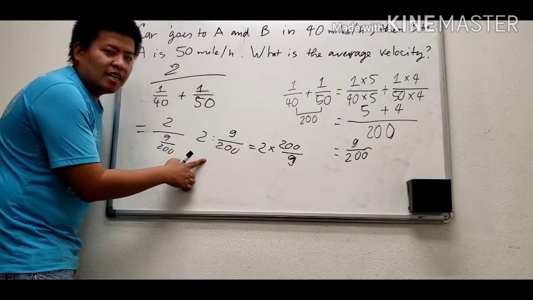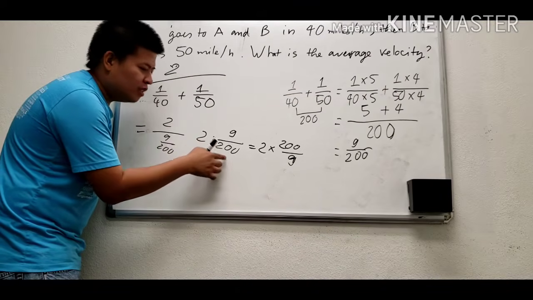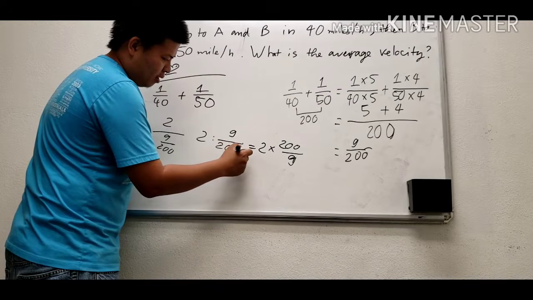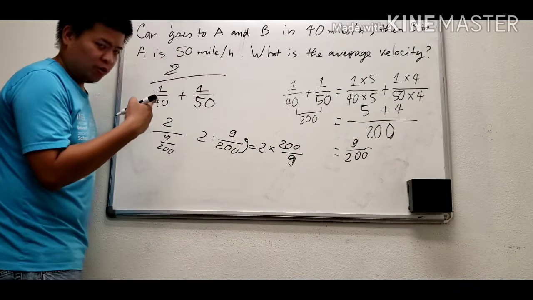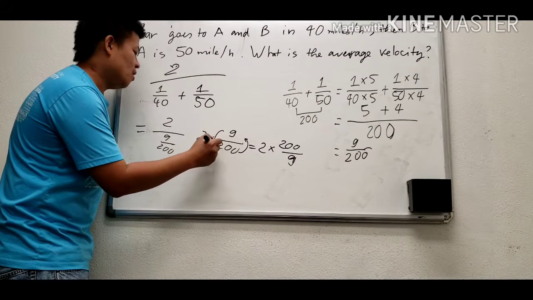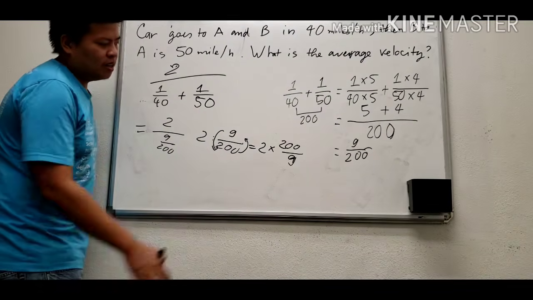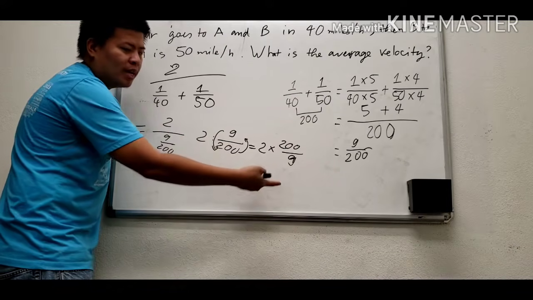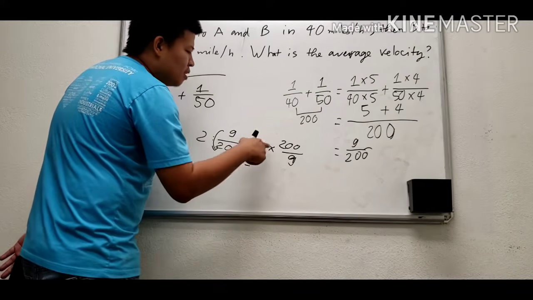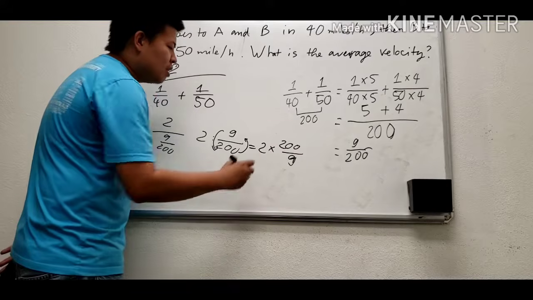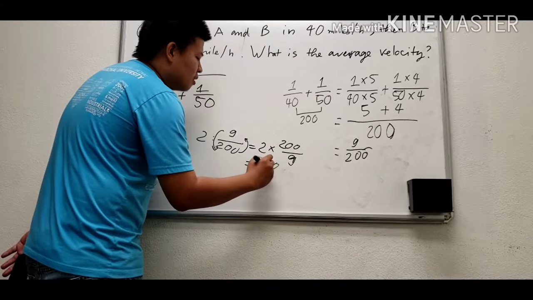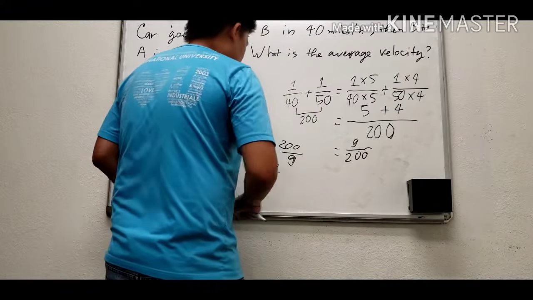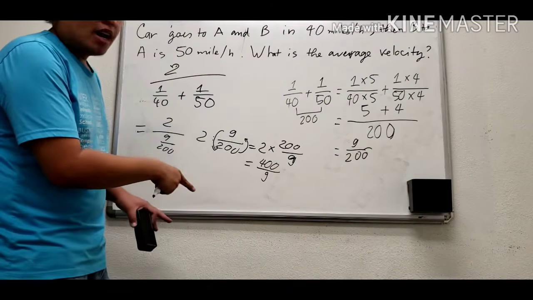It is just like dividing by a fraction: we move the denominator to the numerator and 9 goes to the denominator. So we have 2 multiplied by 200 divided by 9. 2 multiplied by 200 is 400, divided by 9, and we just do the division.